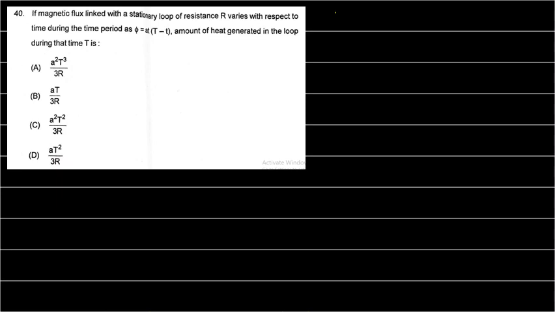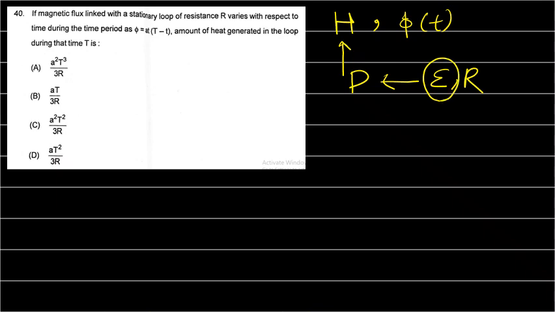So here the problem is to calculate the heat generated in the loop from a time varying potential. How are we going to calculate it? If we want to calculate this heat, we need to first calculate the power. We can get the power from the EMF and resistance, and we can easily calculate this EMF from the law of induction, from this time varying potential.